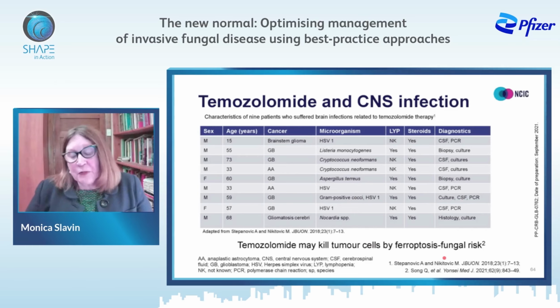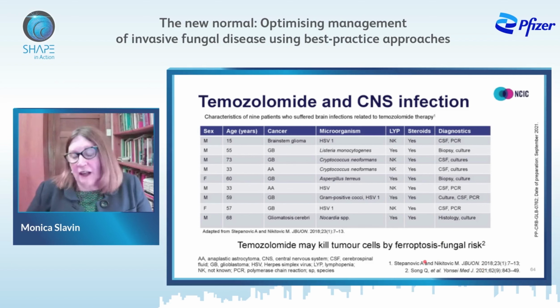And there's been some recent work looking at how temozolomide kills tumour cells. I think this is quite interesting because it's described as being by the process of ferroptosis, which may then release iron into the tissues. And we know that fungal organisms do require iron for their growth.